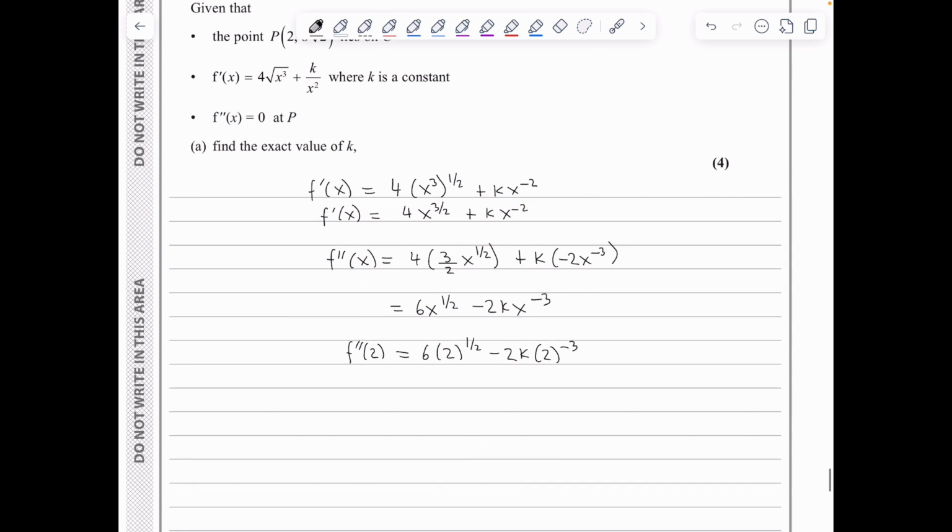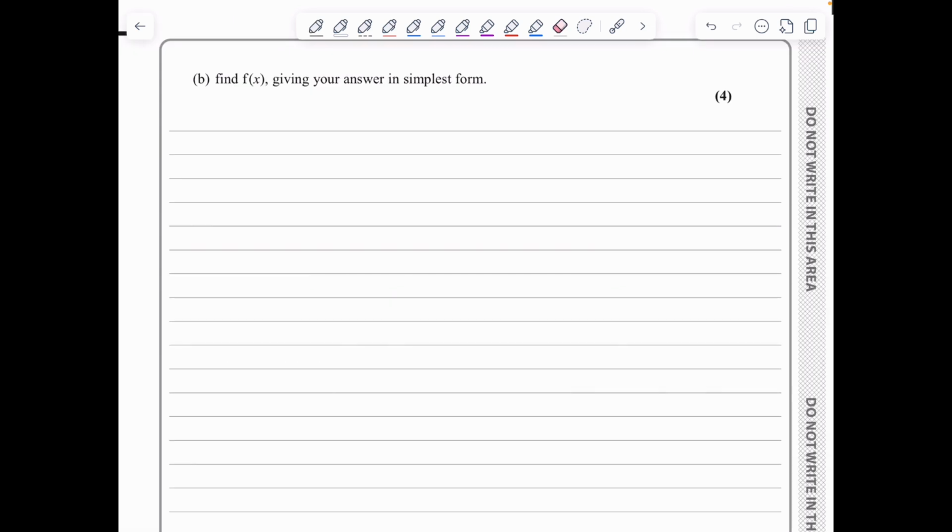This leads to 6 root 2 minus k over 4, which is equal to 0. So if 6 root 2 is equal to k over 4, this simply leads to 24 root 2 being the value of k.